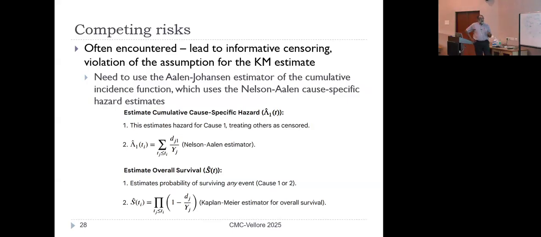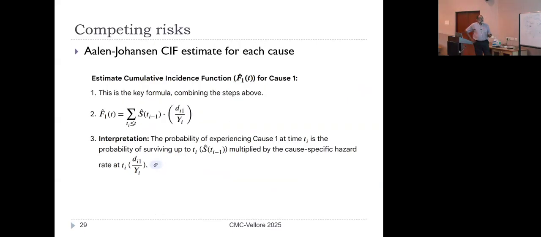And now you put these together to get the cumulative incidence function for cause 1. Now it's using the Kaplan-Meier one with the cause-specific one. Basically, the probability of experiencing cause 1 at a given time is the probability of surviving up to that time point multiplied by the cause-specific hazard rate.